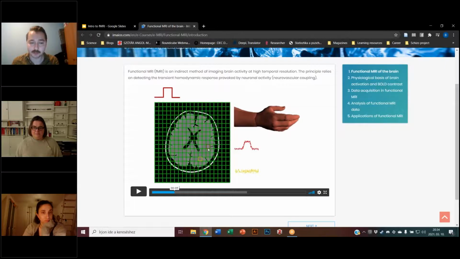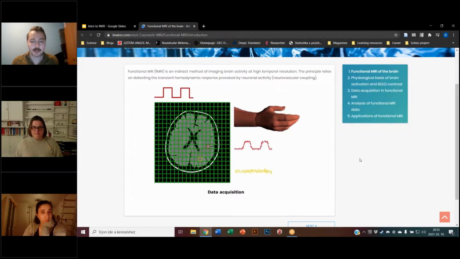One is located in the motor cortex, here in red, and one in the occipital cortex, in yellow. The motor cortex, of course, will be responsible for generating this movement, so its time course will look very similar to our task, whereas the occipital cortex won't really care about this movement, so it won't look anything like it.